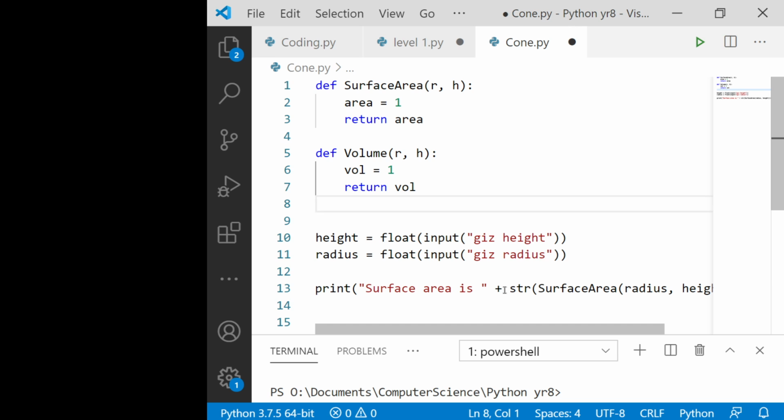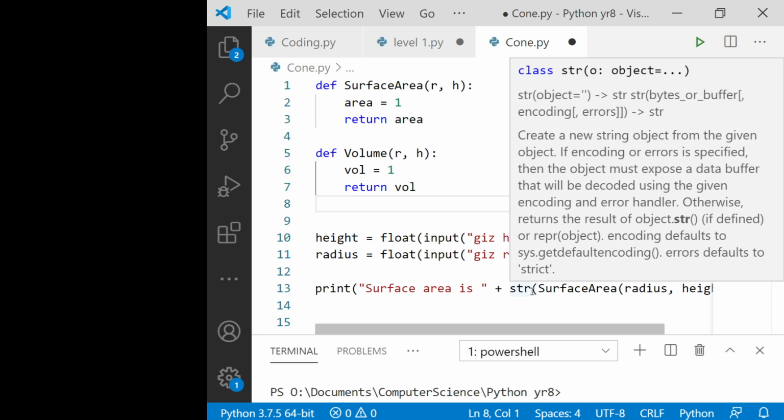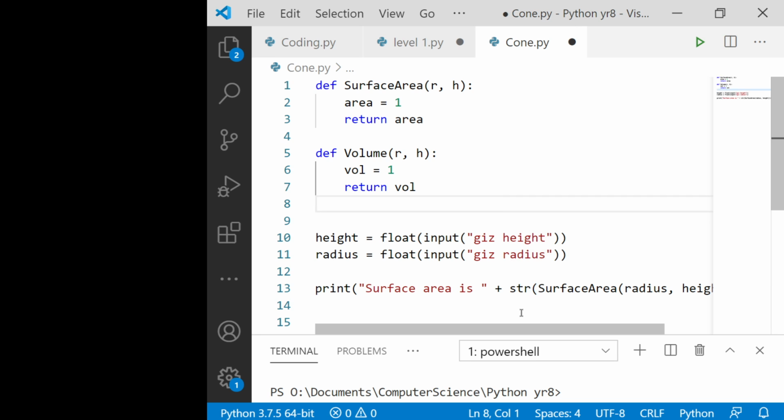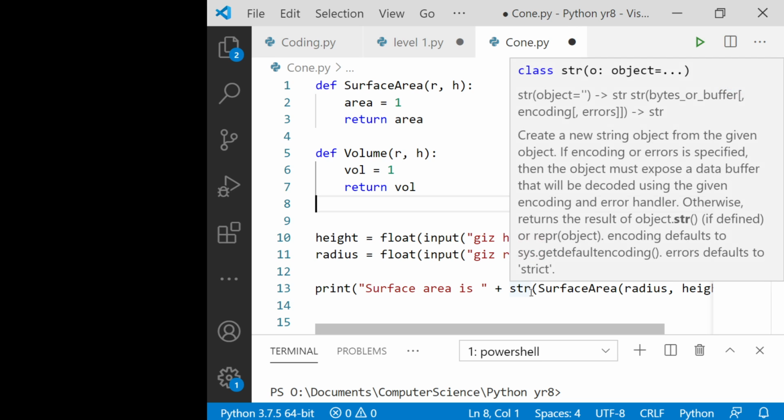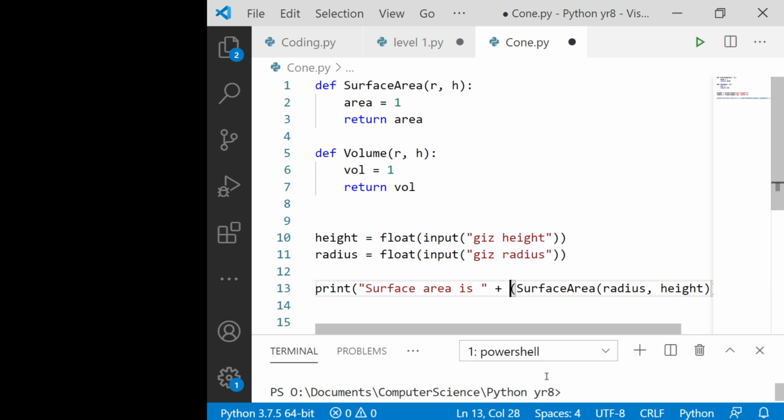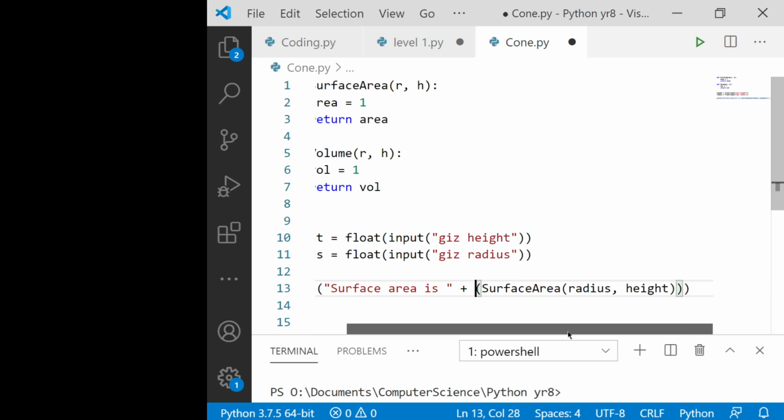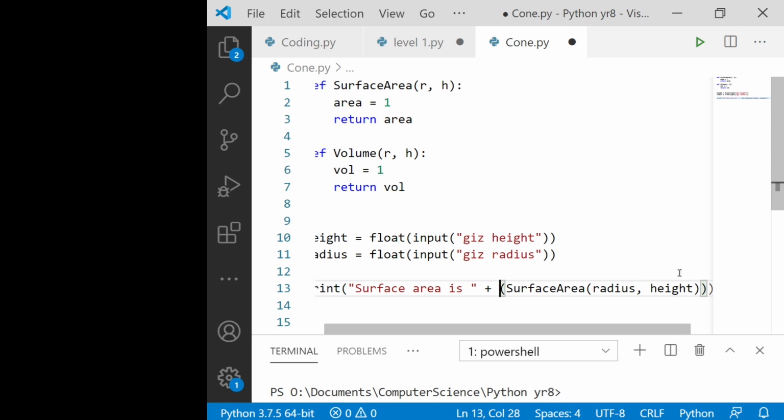Now, why am I using str? Yeah, because I want to join two bits of text together, but the thing that surface area is calculating is a number. Okay? So I need to say turn it into a string. If I don't, Python will moan at me. Let me just try it. I'll just make sure that's... Look, there's loads of brackets there, but you can see that they match.